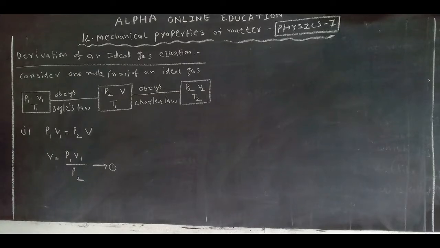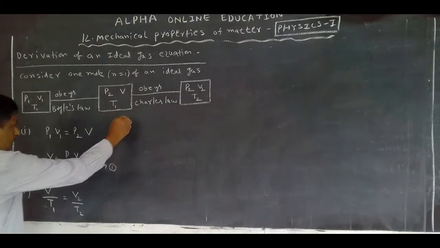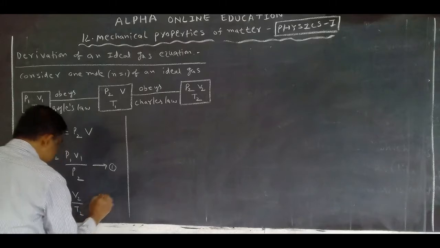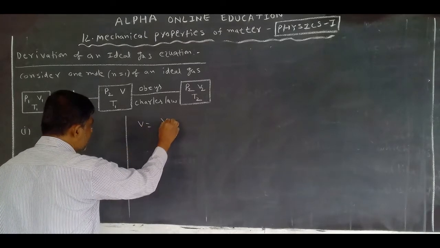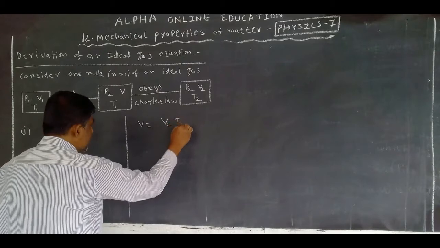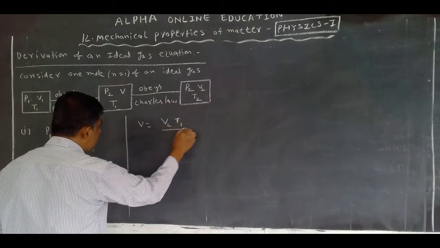In the second case, it obeys Charles law. In Charles law, what is the formula? V1 by T1, but instead of V1, V is there, and V2 by T2. Now V is equal to V2 T1 by T2.